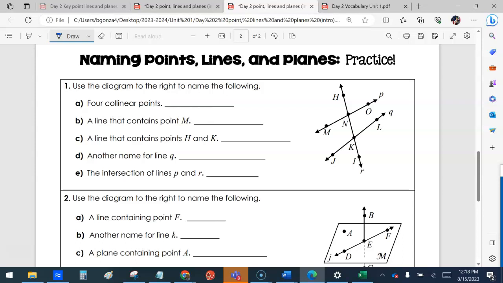Y'all see M, N, O. P is not a point. P is a line name because it's got that weird font, right? So M, N, O, I can't use that. J, K, L, well, Q, it's not a point. It's the name of the line, again. So again, the only 4 points I see in a straight line are H, N, K, and I, okay?